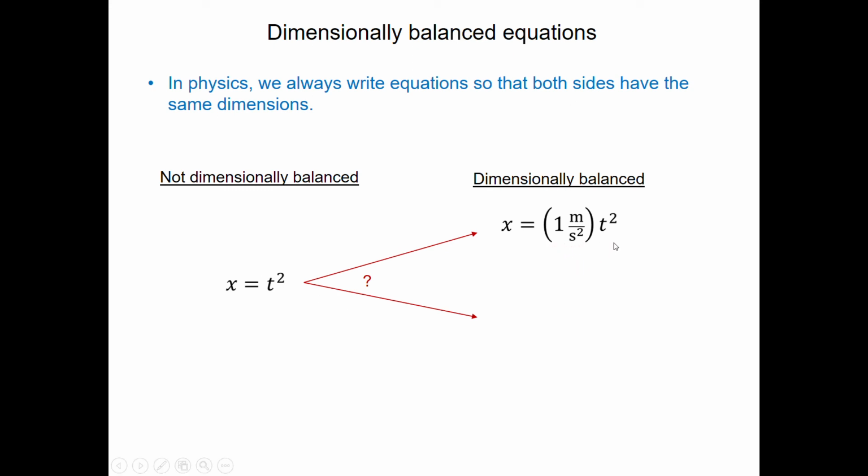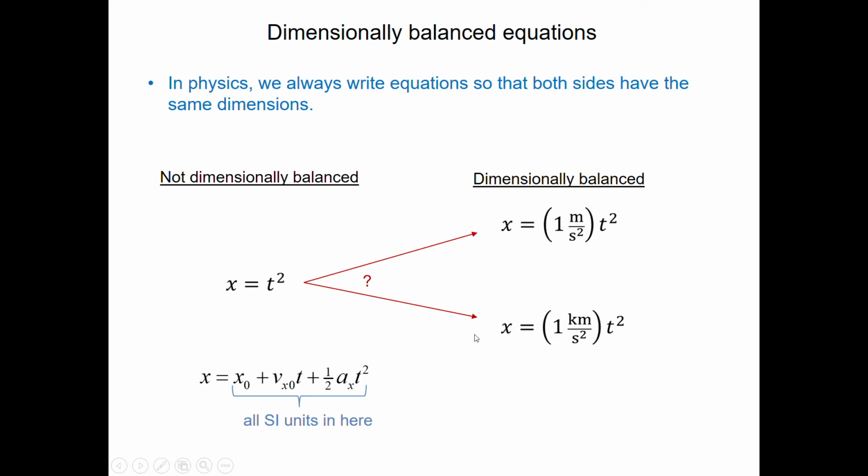What this is telling me is that if I put in t in seconds, I'll have a second squared for the units over here. That second squared will cancel with the second squared in the denominator. I'll be left over with meters. So I know whatever number I get out for x, it's going to be in meters because the constant out in front tells me so.